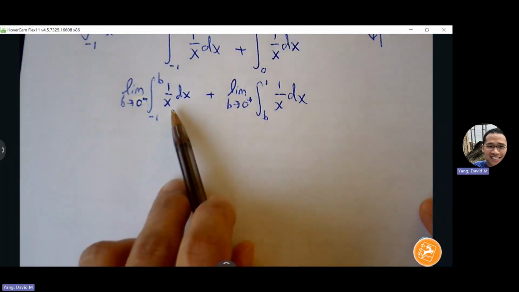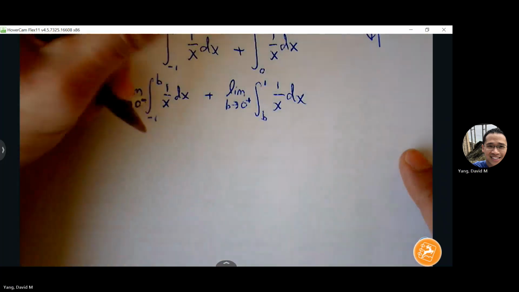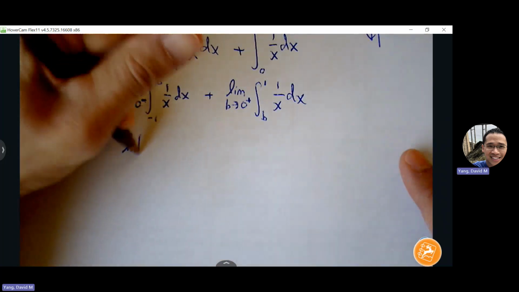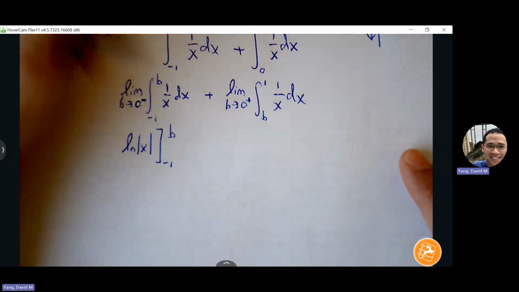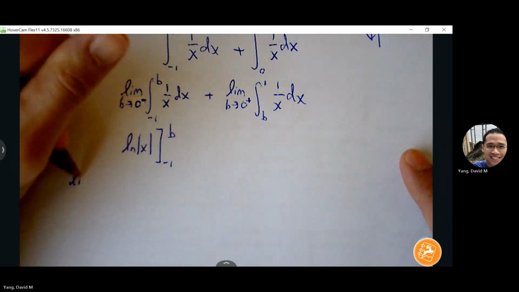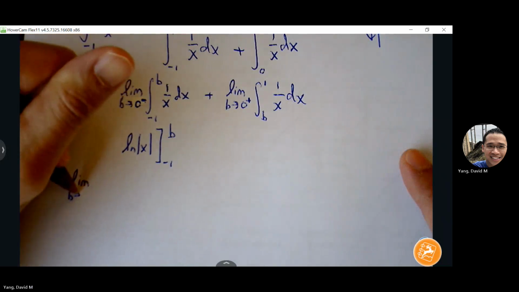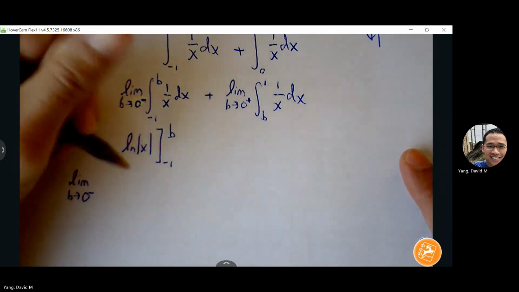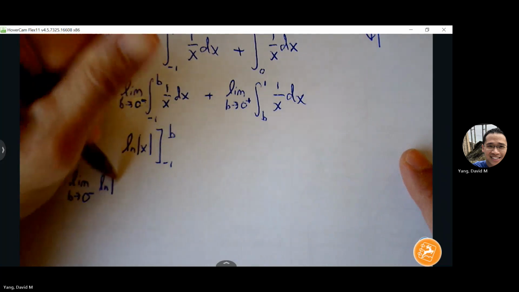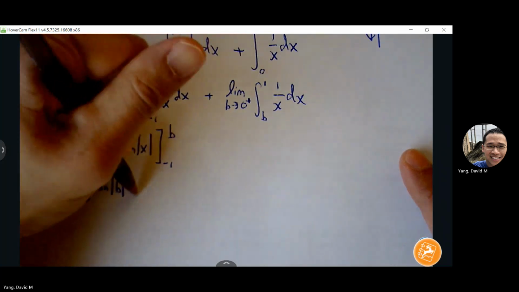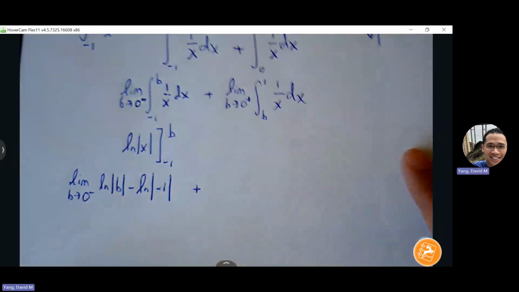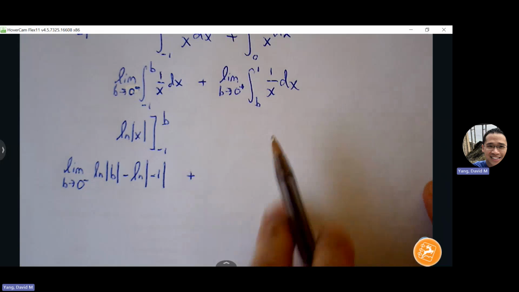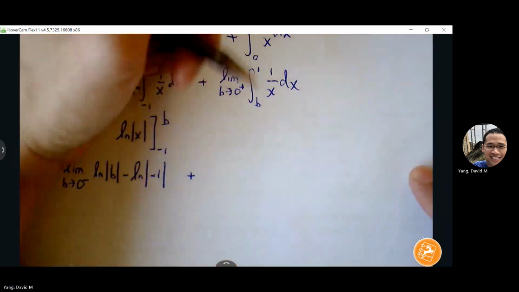Okay, so what's the integral of 1 over x? Natural log of the absolute value of x, evaluated between -1 and b. Okay, we'll deal with this later. Let's take care of this side.